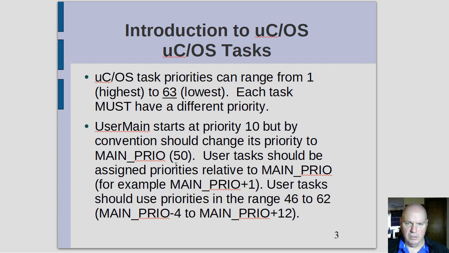There are other task priorities available as well. You do have to be a little careful, because out of the 63 different task priorities that are available, some of them are reserved for things like the networking tasks. I think maybe 5 or 6 different tasks are required to support networking, and you can't use those.